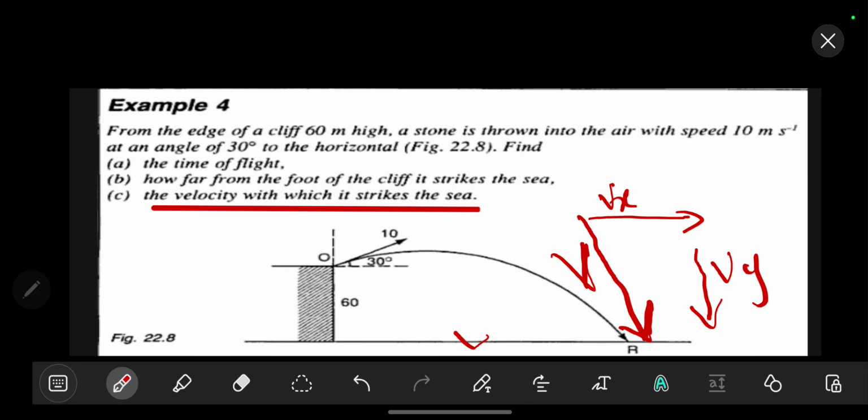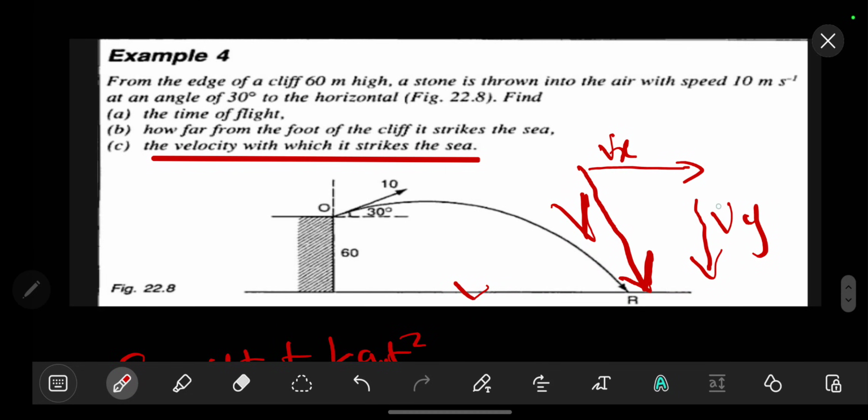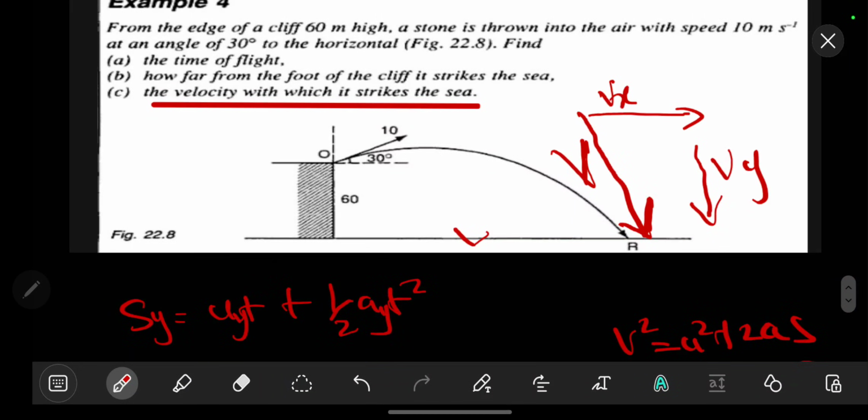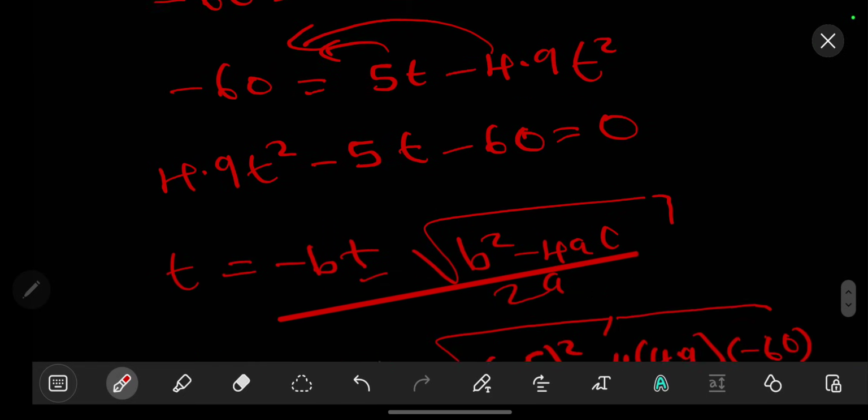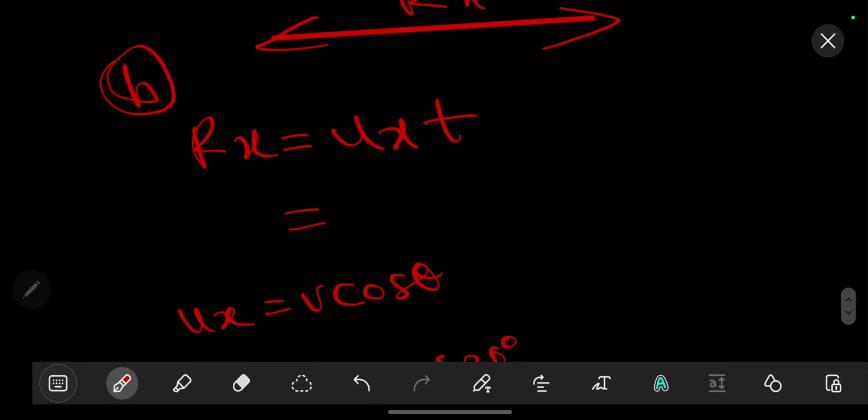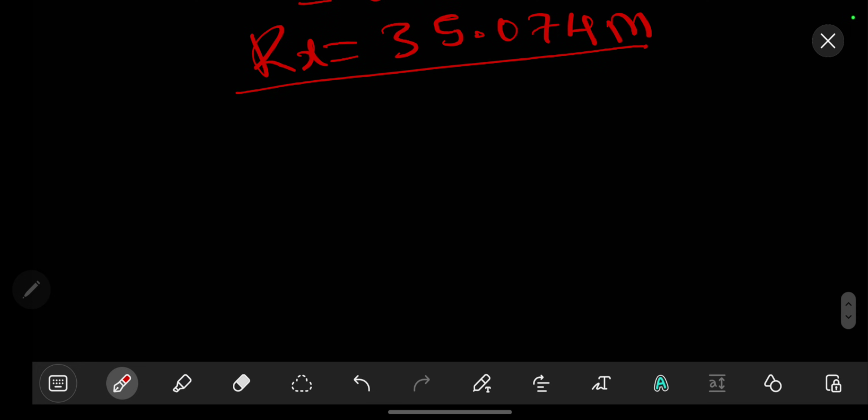So first we find our Vy, with which it strikes the ground, not the initial. Using v equals u plus at, we attach our y.